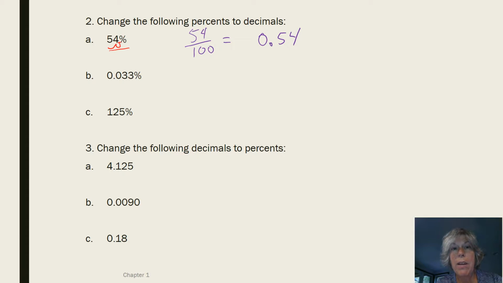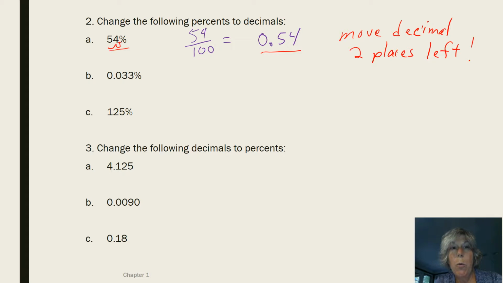From percent to decimal, you move the decimal point 2 places to the left. You have to think about what percents mean in order to make sure you get these right. So I'm going to skip part B and go to part C.